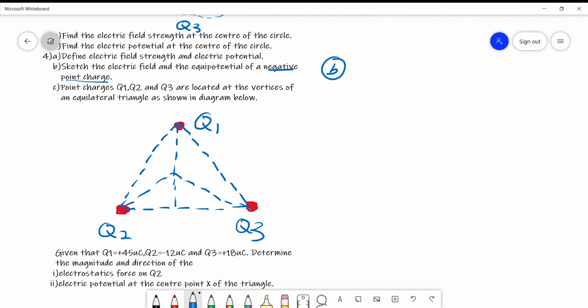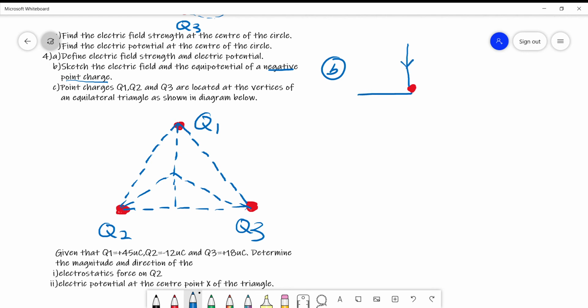So for the electric field, let's say I have a negative point charge. So this is the charge. We know that the electric field lines exerted on a negatively charged particle are always pointing inwards towards the center of the negative point charge.